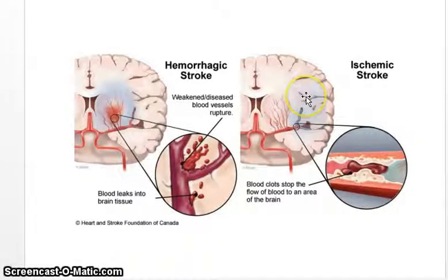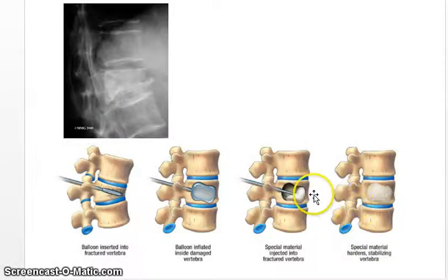Then at the end of the procedure you retrieve that net and all of the debris that was caused is caught in that filter mesh. The advantage of the filter wire over the occlusion balloon catheter is that the filter wire is a mesh, so it does allow some blood flow while you're working, whereas the occlusion balloon catheter completely occludes the circulation while you're working.